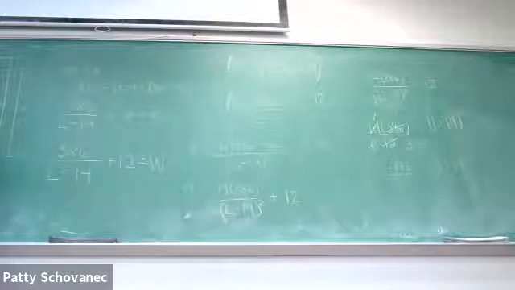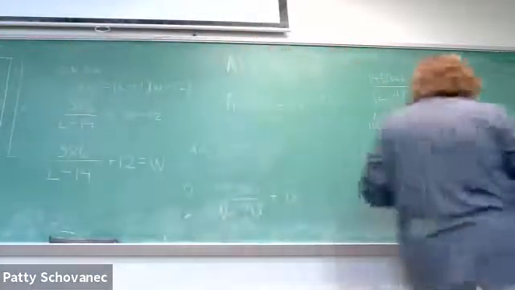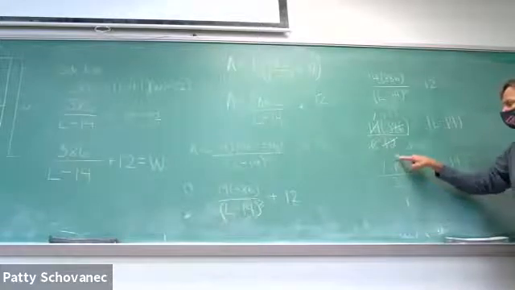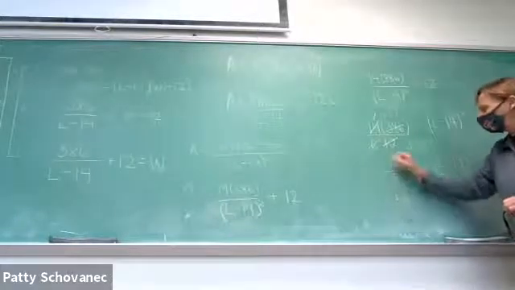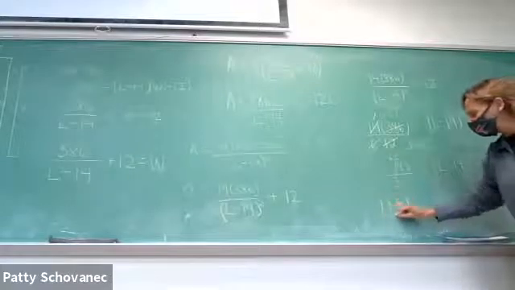So I just have 14 times the 386, and it's a negative 14. So let me go ahead and multiply this out. 3 times 7 is 21. 7 times 9 is 63. 2 more makes it 65. 7 plus 6 is 13.